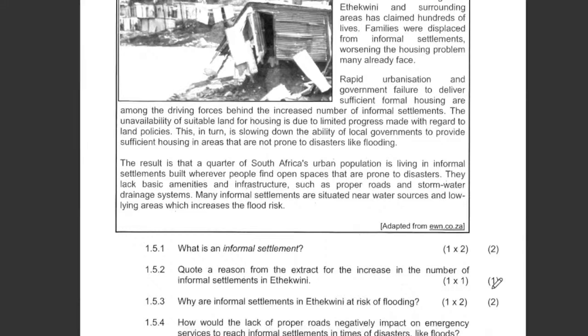We got the question: what is an informal settlement? Informal settlements are settlements or built-up areas that are unplanned, and houses are not compliant with the current planning and building regulations.